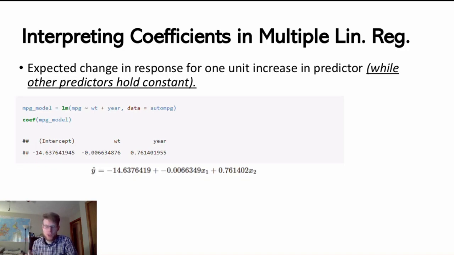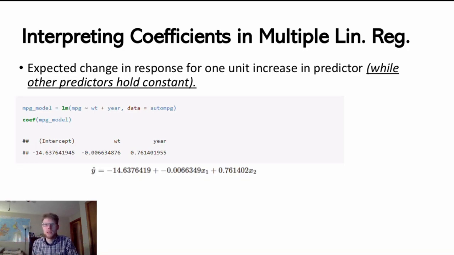So that part is still relatively constant. The difference is that if we have other predictors in the model, then we have to add this whole "while other predictors hold constant" to the interpretations of our coefficients. That's because the coefficient for each predictor is only representing what happens if that predictor changes, but everything else in the equation isn't moving, right?